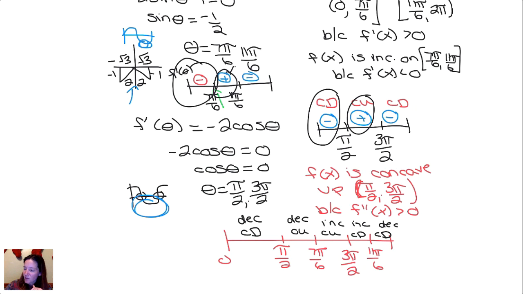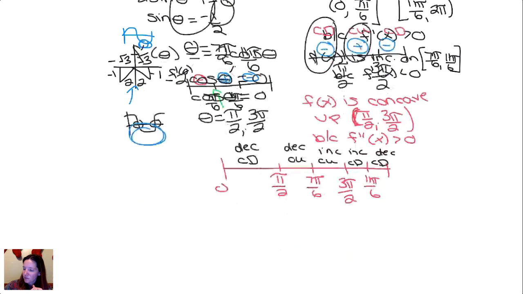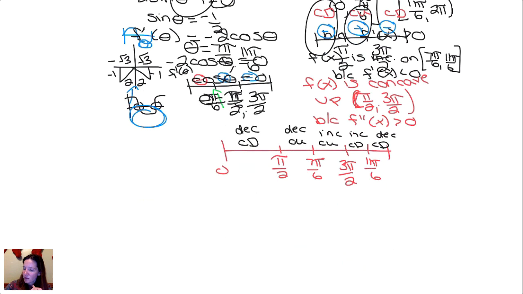Let me see if I can move some of this. So we start with decreasing concave down. So that's going to look something like this. And then we're decreasing concave up. Probably not a sharp turn, but nope, that's increasing.